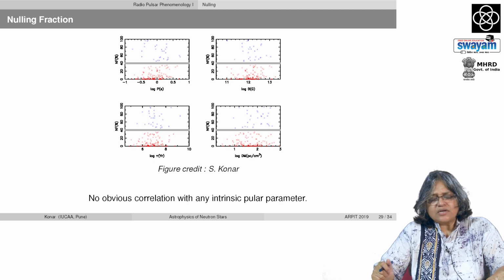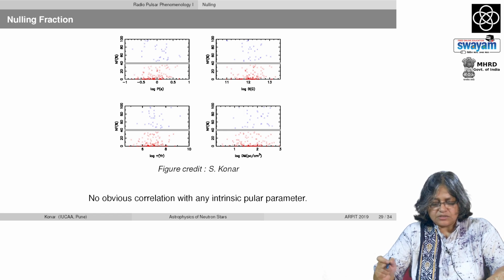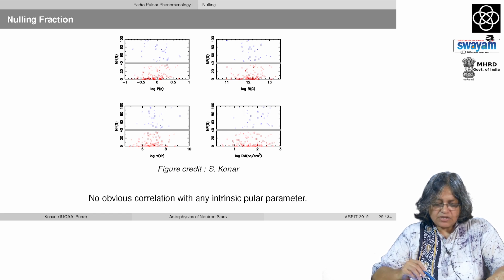Now, nulling fraction is the only quantity for which we have sufficient data, and it is seen that this quantity does not have any obvious correlation with any of the measured intrinsic pulsar parameters. For example, here nulling fraction has been plotted against pulsar period, magnetic field, dispersion measure and characteristic age.